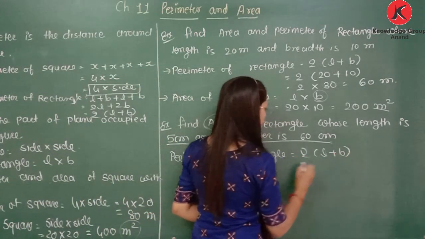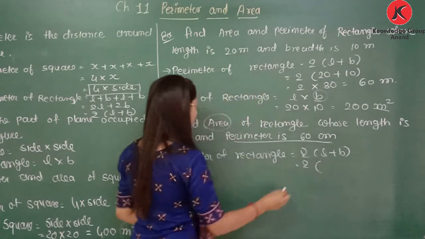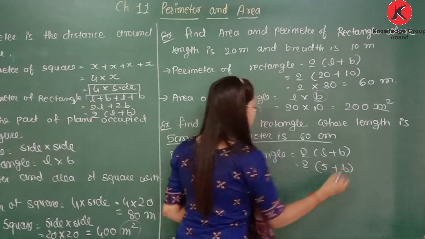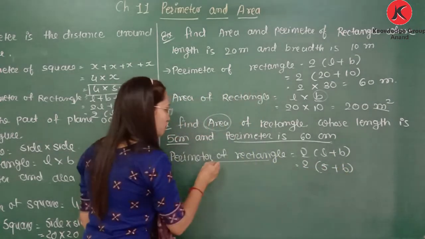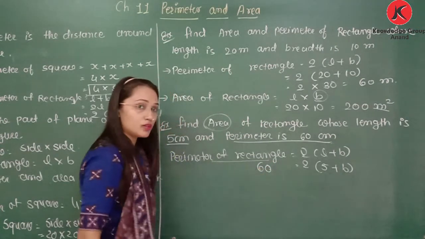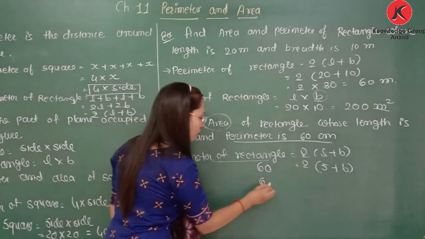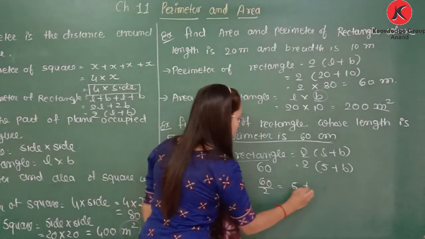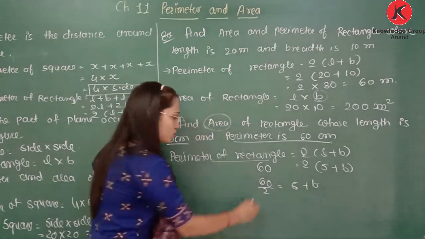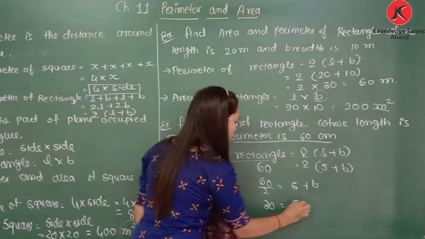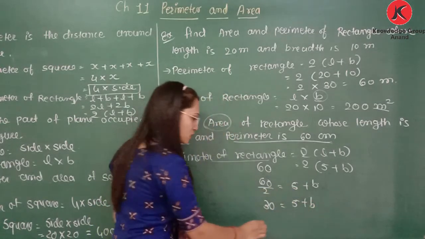Perimeter equals 2 into L plus B. Length is given as 5 and B is not, but the perimeter is given as 60, so we write 60 here. Now 2, which is in multiplication, becomes division. So 30 is equal to 5 plus B. Now 5 is in addition, so it becomes subtraction.